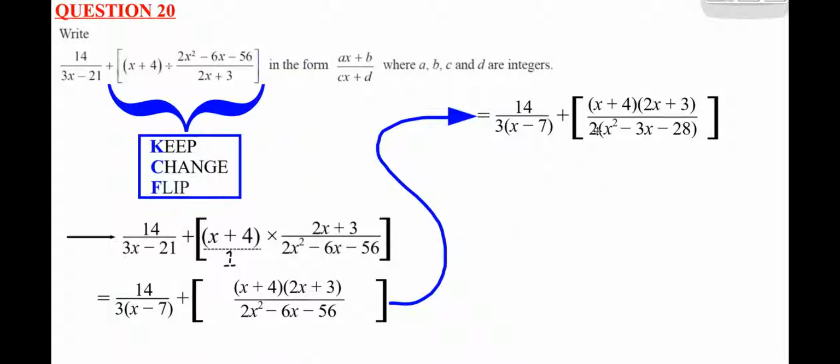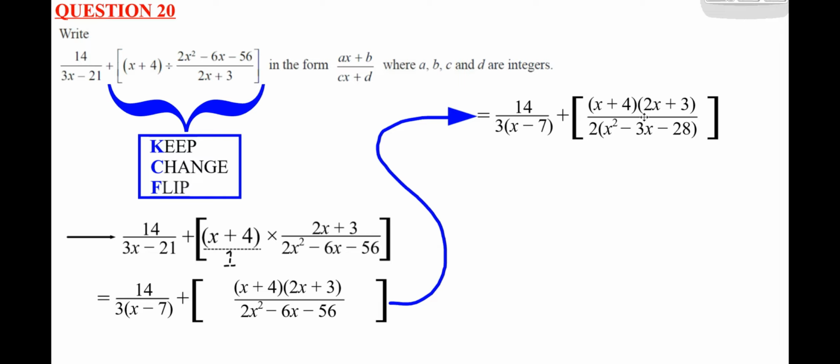So just factorize out the 2 from this whole quadratic, and then for the inner quadratic, just halve all these numbers. At the front, we get 2 lots of x squared minus 3x minus 28. Now this quadratic here, we can factorize using the standard thing you've seen, probably going back to year 8 or year 9.